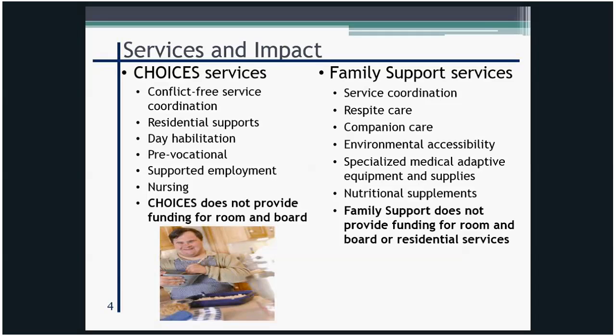So let's provide the habilitative services, training, whatever it is, to get them to a more independent setting.